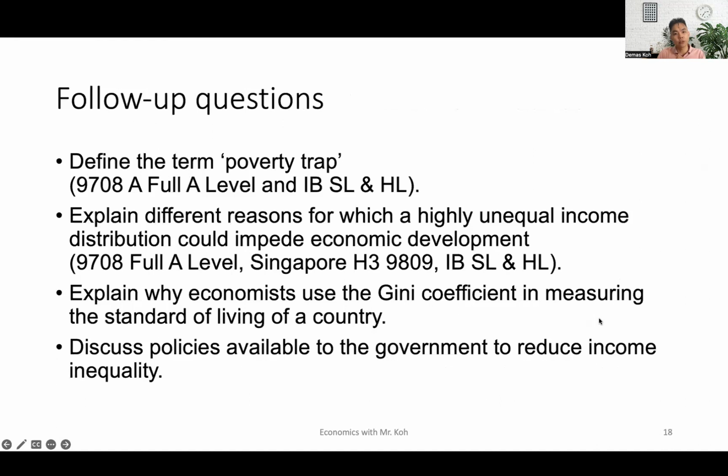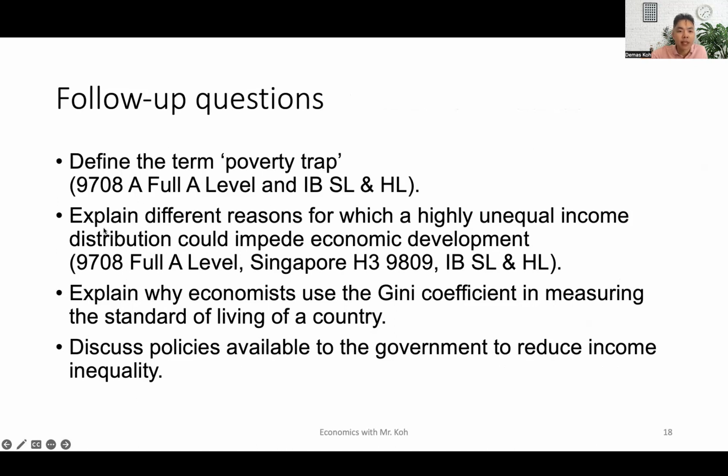All right. Here's some follow-up questions for you to think through. And again, not all of them will be relevant depending on your exam board and syllabus code. But, you know, just always good to exercise your mental faculties anyway. Right, first, define the term poverty trap.